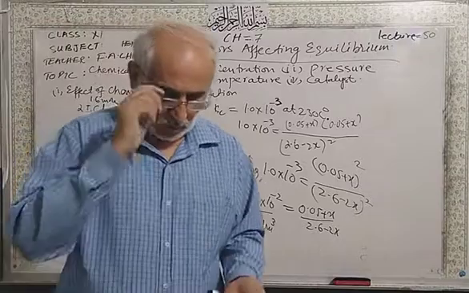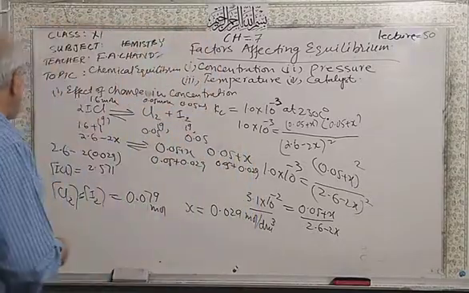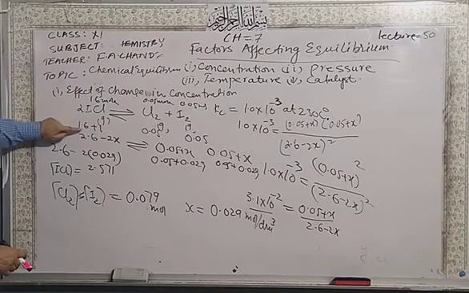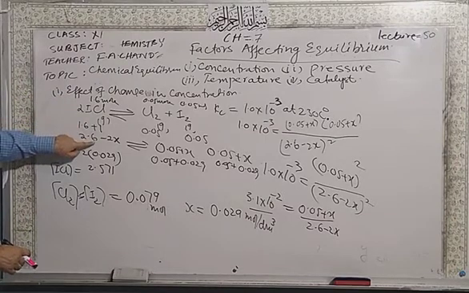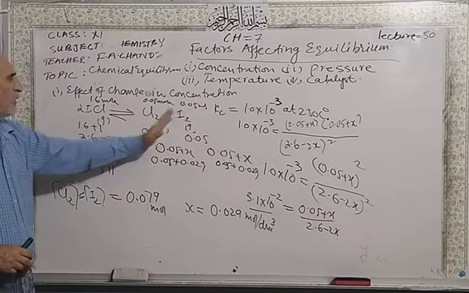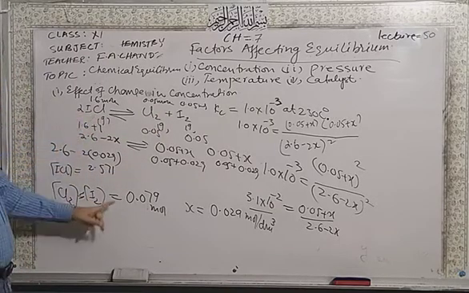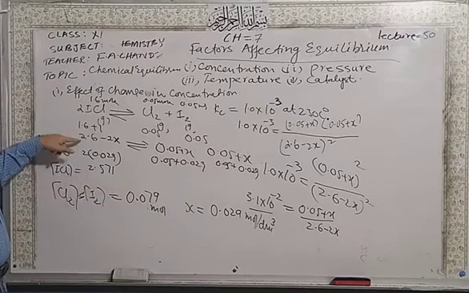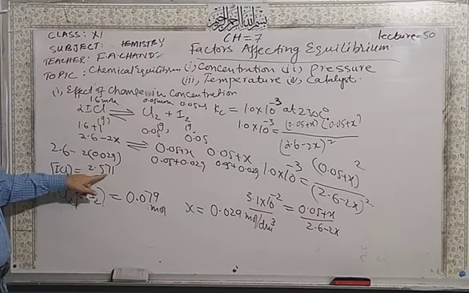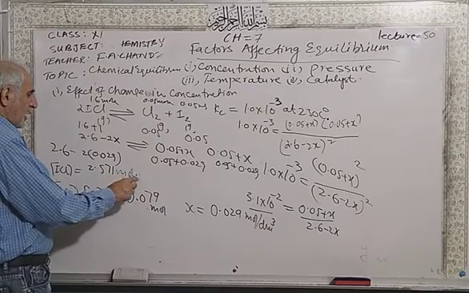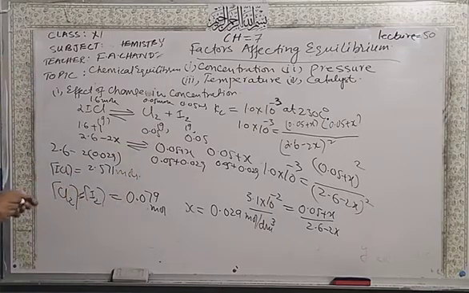So dear students, according to Le Chatelier's principle, after addition of 1 mole, from 1.6 changing to 2.6, the chemical equilibrium will shift towards the forward direction, and after calculating the value of x, the 2.6 changes to 2.571 moles, and it is decreased because a new equilibrium is established.